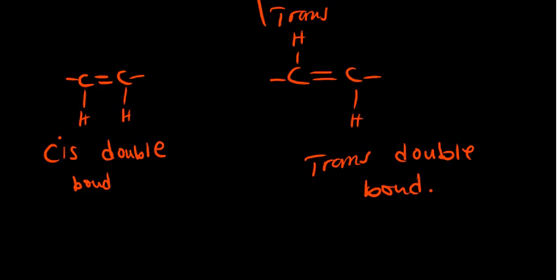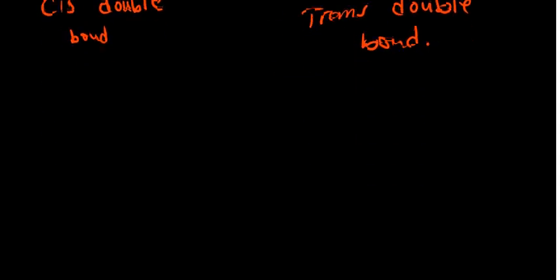Okay, let's go now to the structure of glycerol. So the next type of lipid is glycerol. Since we're done looking at fatty acids, let's go to the next one, which we call glycerol.